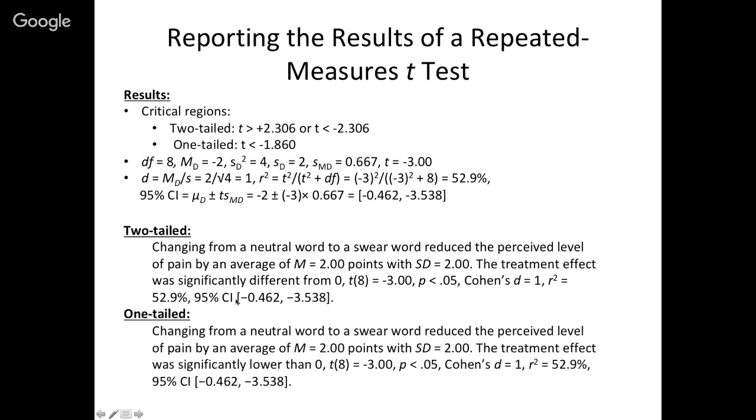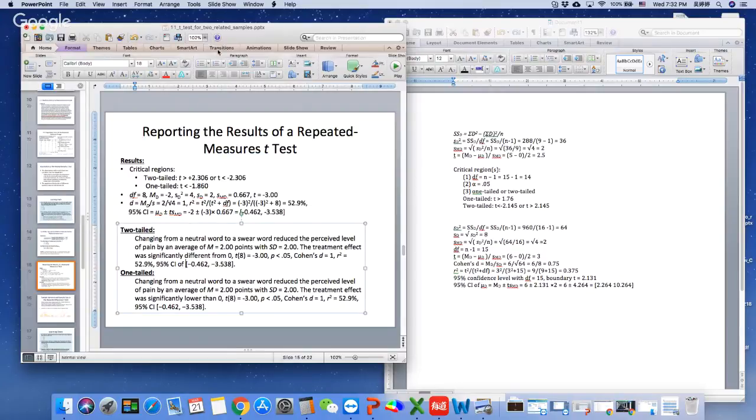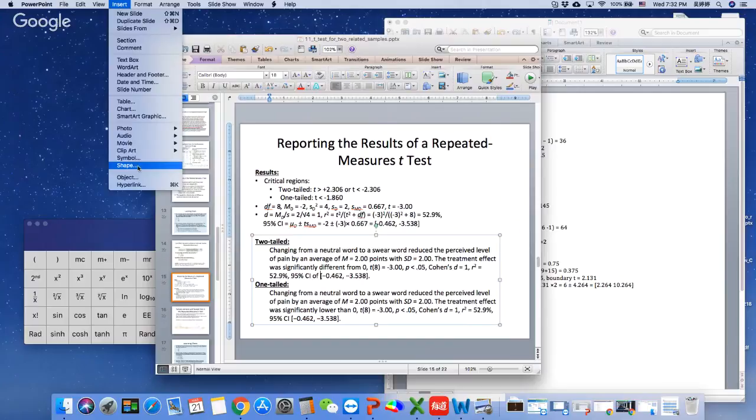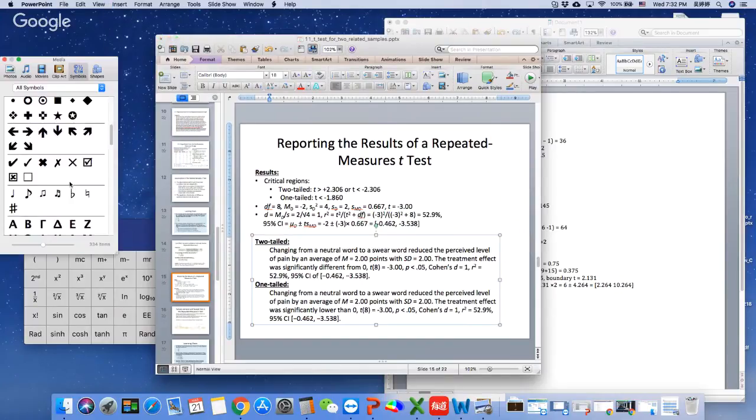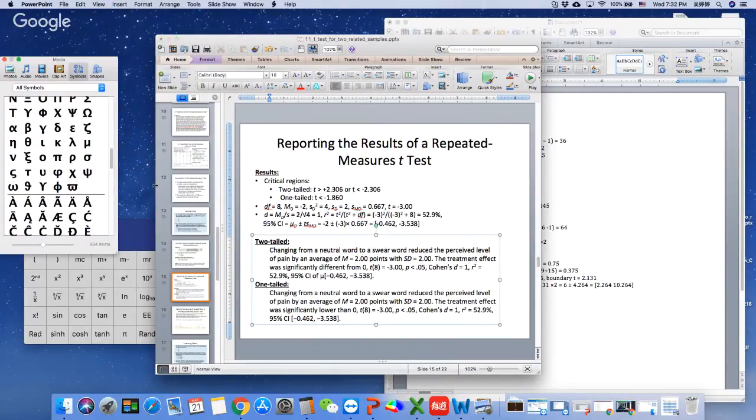Actually, it should be the 95% confidence interval of mu d, so we have to explicitly state the 95% interval of what.